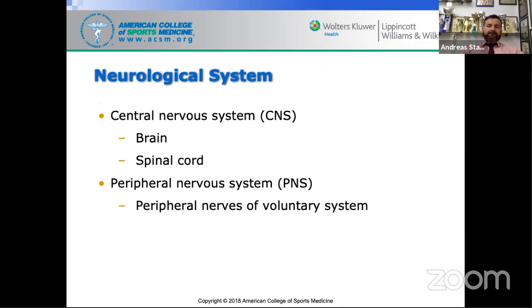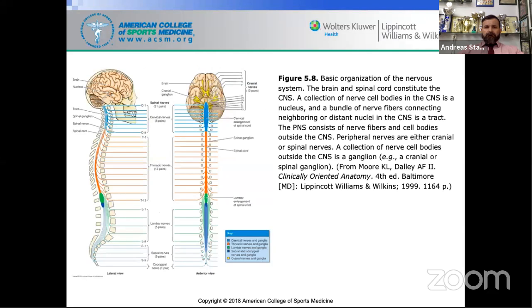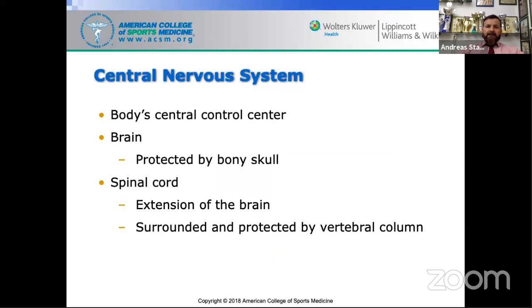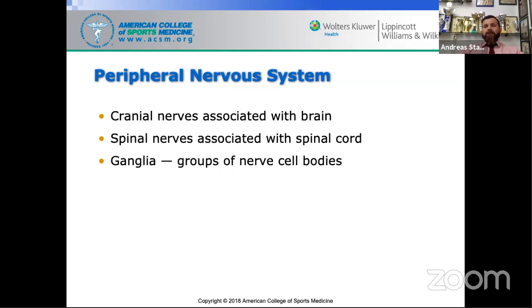Neurological system. Again, there are other courses for this, but we have the CNS, which is the brain and the spinal cord, and the rest is the PNS. The CNS is the brain, which is protected by our skull, and the spinal cord, which is an extension of the brain, and then it goes out to the periphery, which is the PNS.